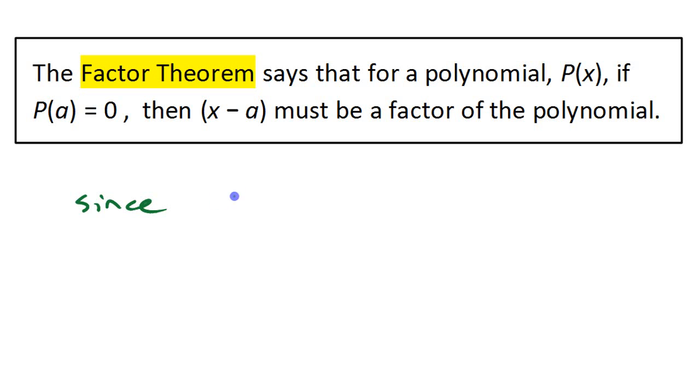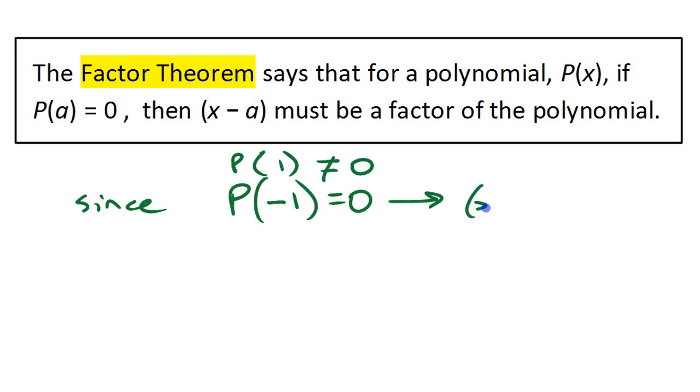I'm just going to use p for the polynomial. When we subbed in -1, it gave us 0. When we subbed in +1, it didn't give us 0. Right, it gave us -12 or something like that. When we subbed in -1, it gave 0. It meant that x plus 1 is a factor.